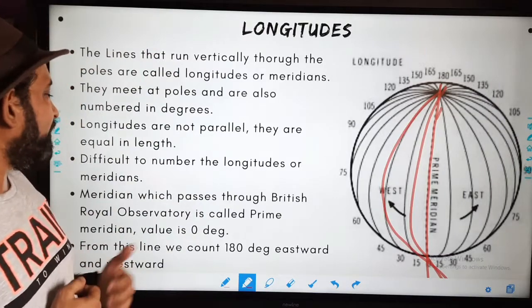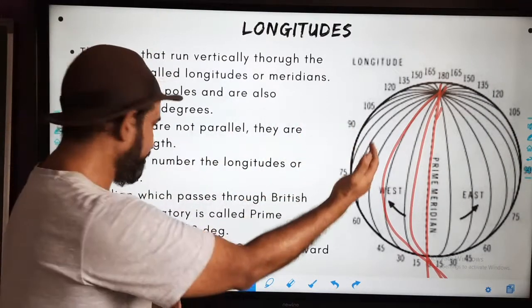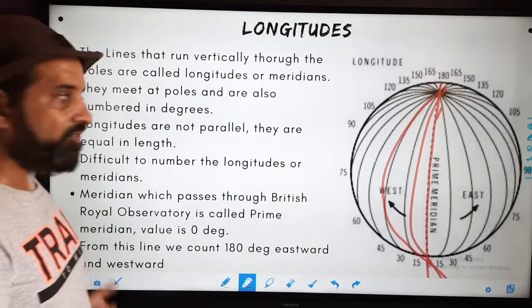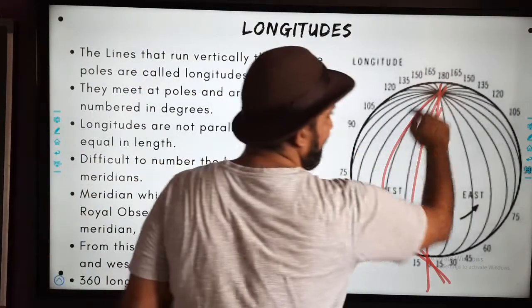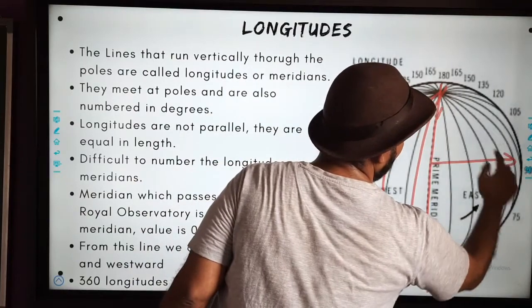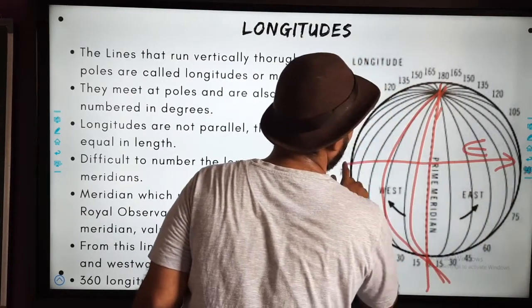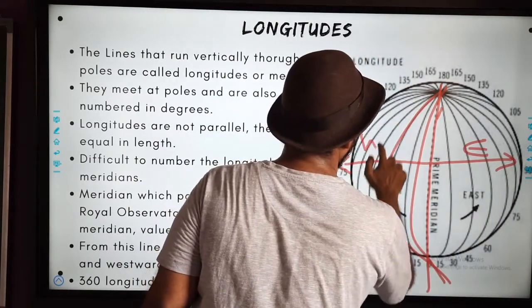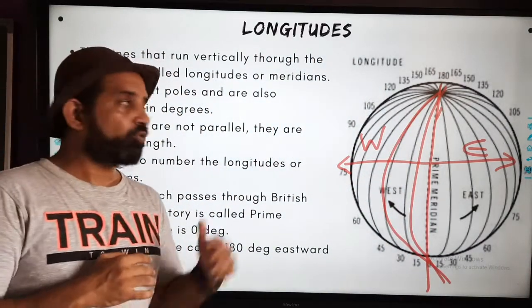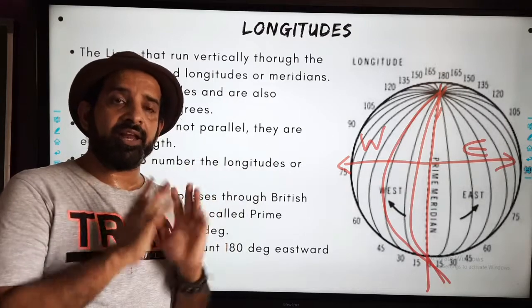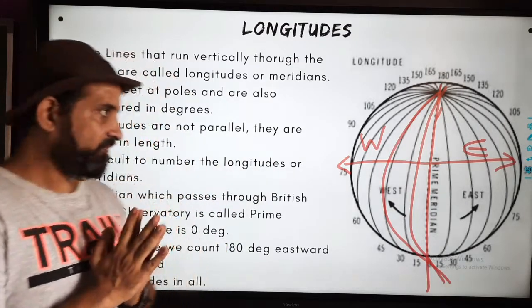From this line we can count 180 degrees eastward and 180 degrees westward. This is how you calculate. There are 360 longitudes in all. So in total, the globe has 360 longitudes.